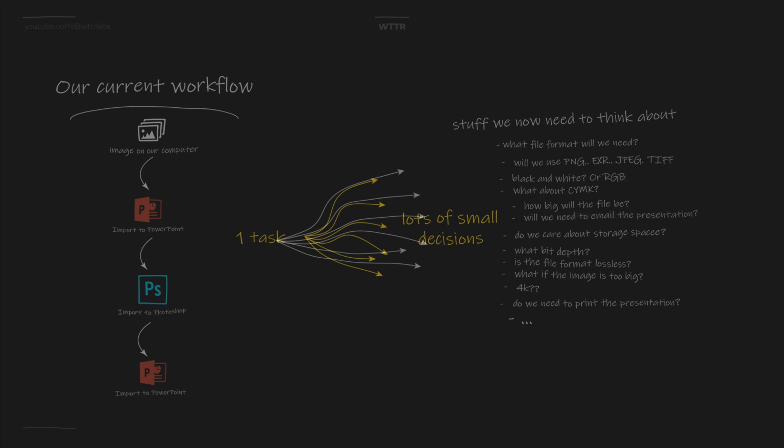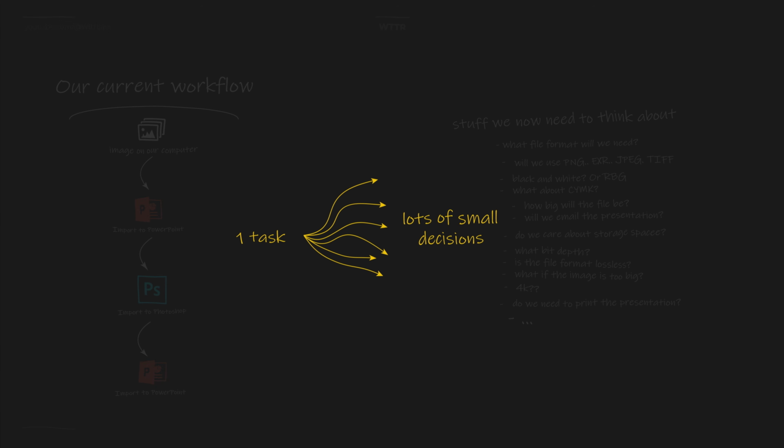This divergence of one single task turning into many smaller decisions is a common occurrence in 3D in general, and not just with Houdini. An important question now, as we are in the process of making these decisions and setting up our own workflows, is what happens if somewhere along our creative journey we make a decision and then later in time want to change that decision and go back in our workflow to do something different.